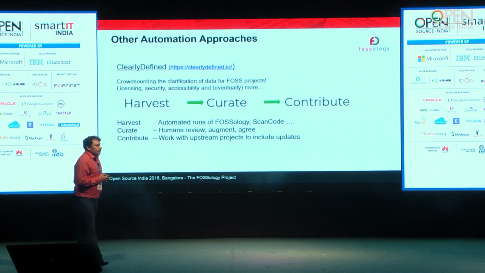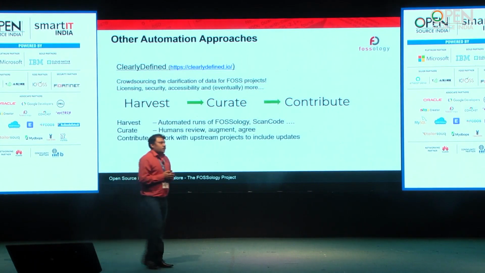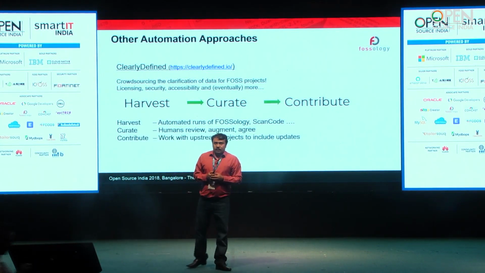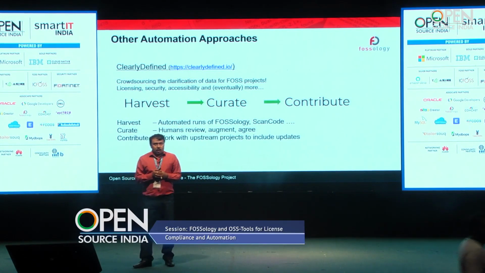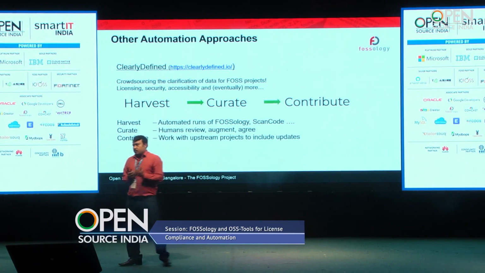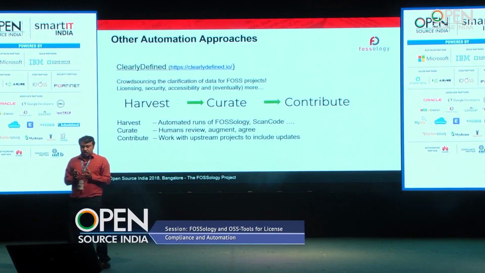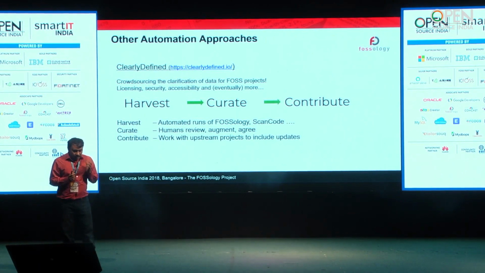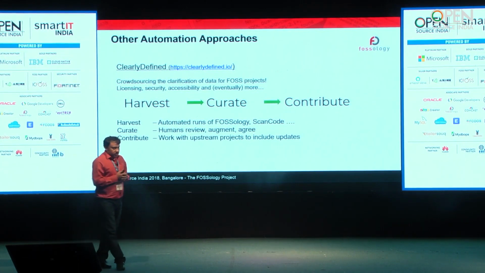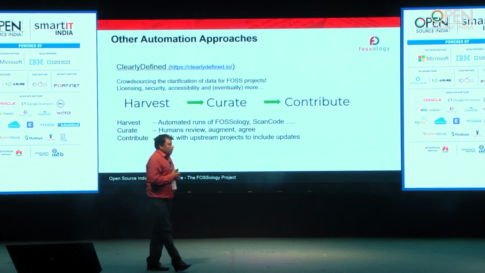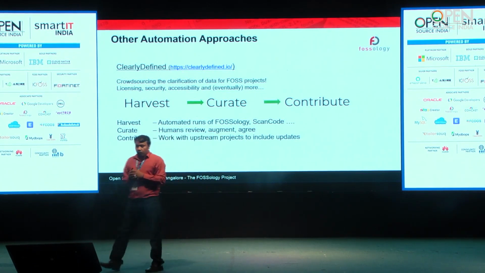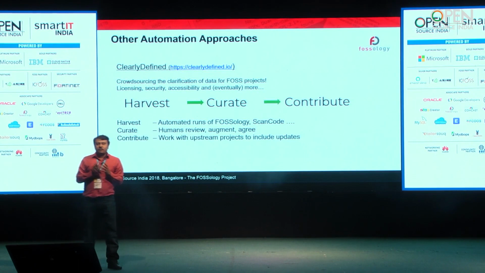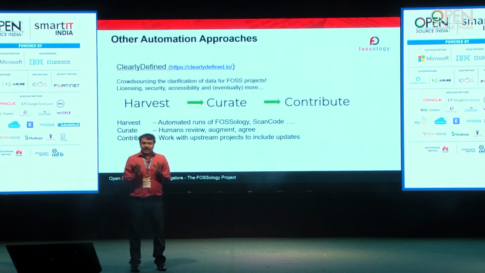There are multiple automation approaches in the compliance area, like OSS Review Toolkit, which tries to do automation at build time; Quartermaster also does the same thing. But I took this example for a separate reason: though it doesn't do complete automation, it tries to solve a real problem, which is the diversity of licenses.